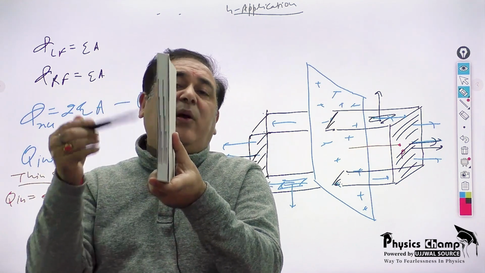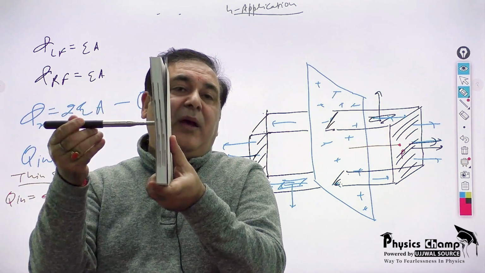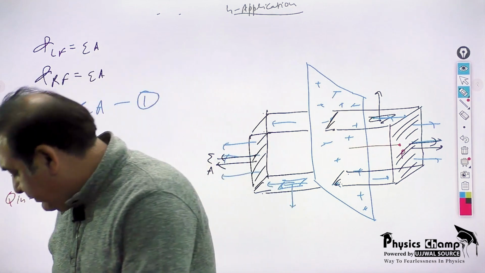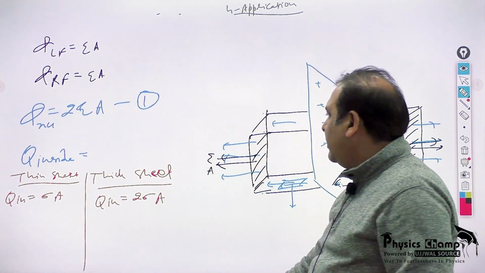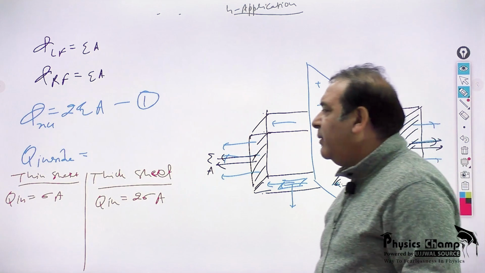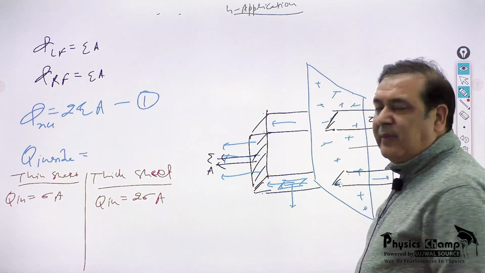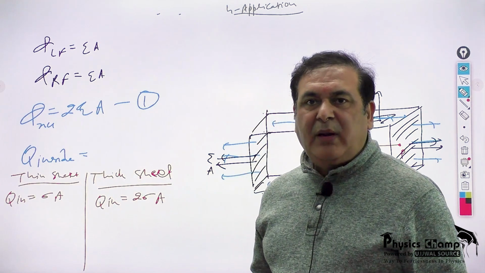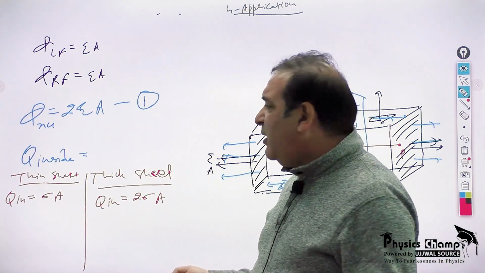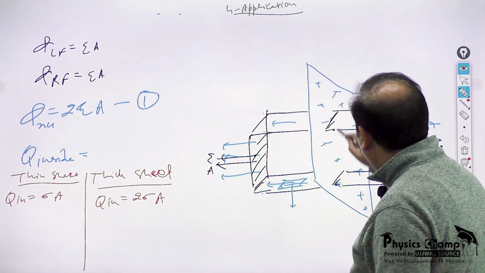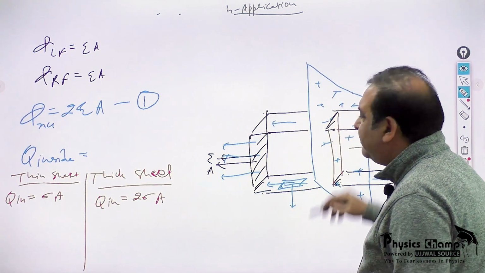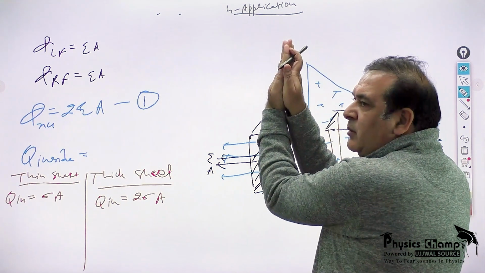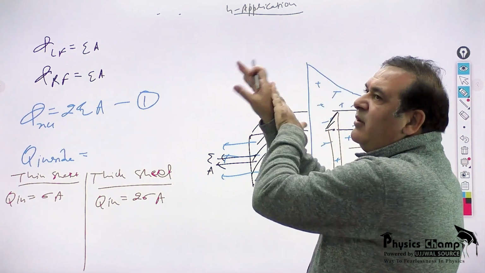So if I take a particular area, the charge inside would be sigma A from this side and sigma A from this side, 2 sigma A. And that's why, if it is a thin sheet, which is generally clearly mentioned in the questions, then the charge would be just sigma A. And if it is a thick sheet, it has two layers, so sigma A here and sigma A here.